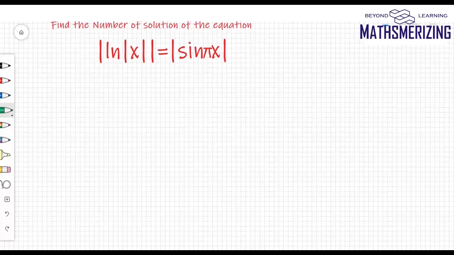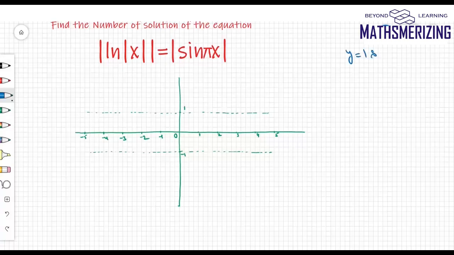Now one question which I have come across many times is, find the number of solutions of the equation mod log mod x equals mod sine pi x. So here we have to find the number of solutions to this equation. First I'll draw the graph of mod sine pi x.